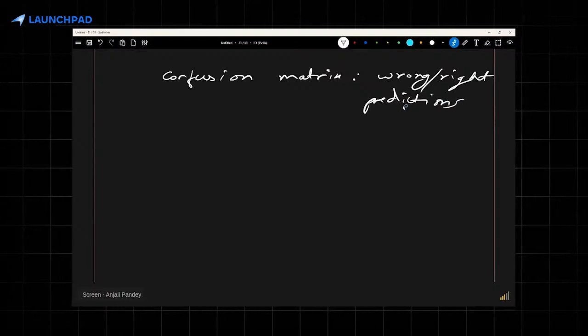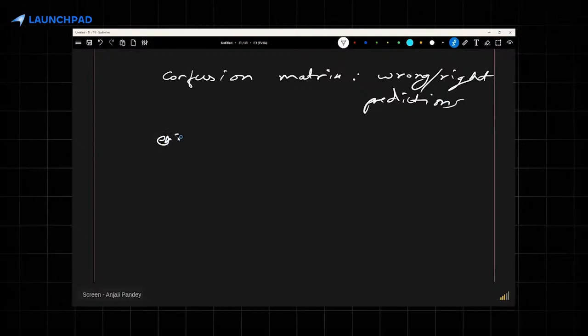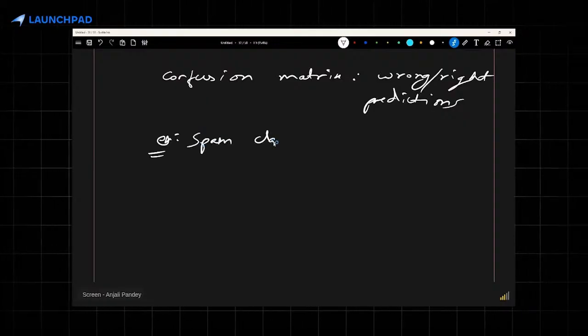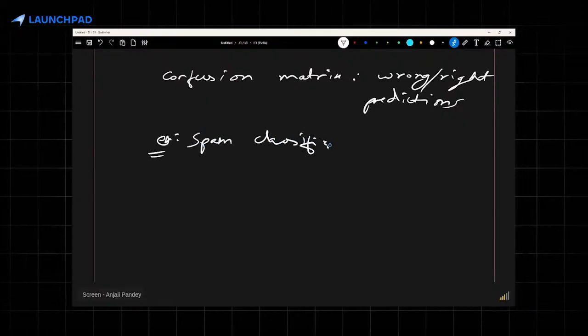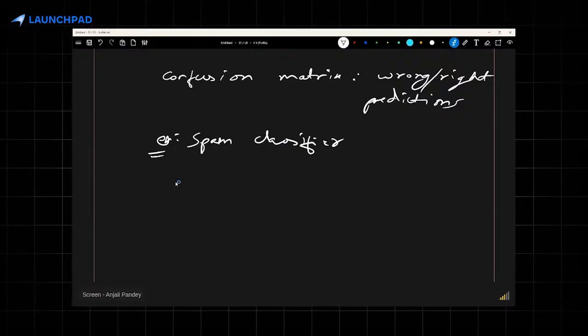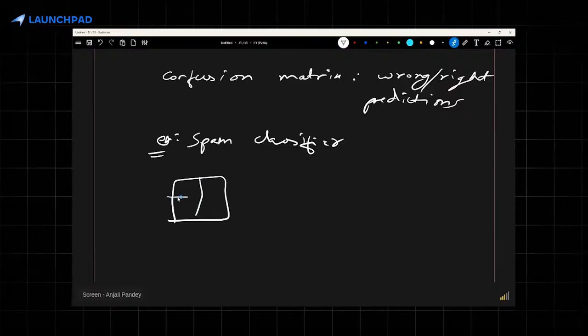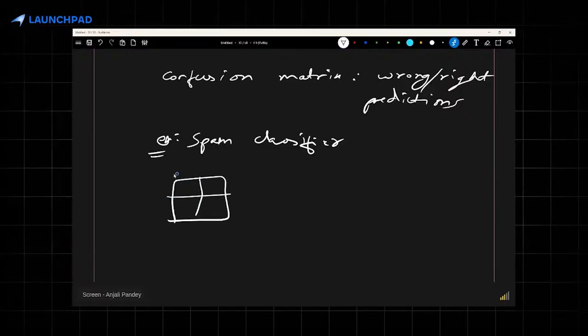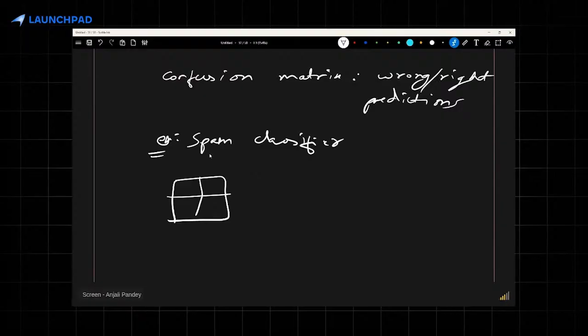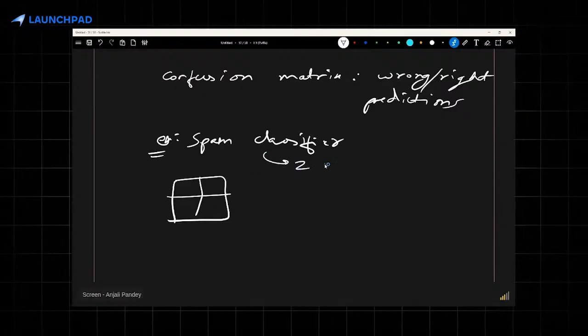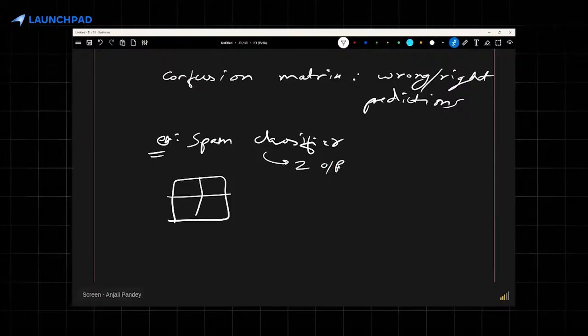In the last class, I think we already took an example wherein we were trying to build a spam classifier. In that spam classifier, I had taken a 2 by 2 confusion matrix. And why 2 by 2? Because a spam classifier can only have two outputs or two targets, right? What are those?